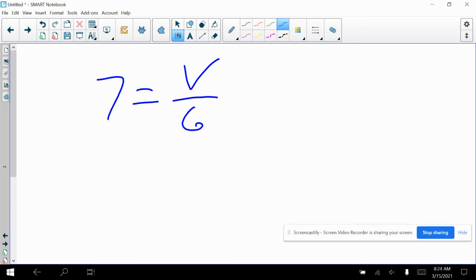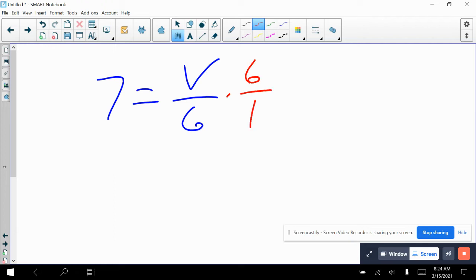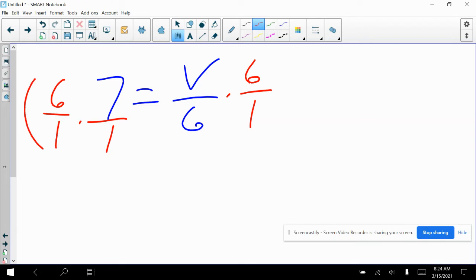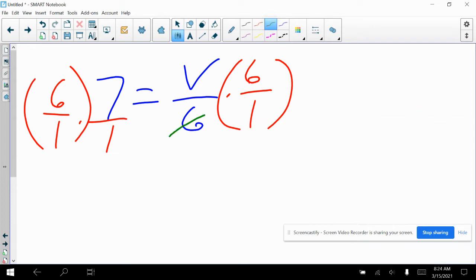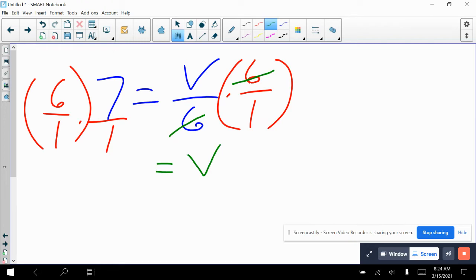Seven is equal to v divided by 6. Again, we want to multiply by the reciprocal. And you can even put parentheses around these, whatever you want to do. And when you go and you do the math, cross reduce, that gets left with v.